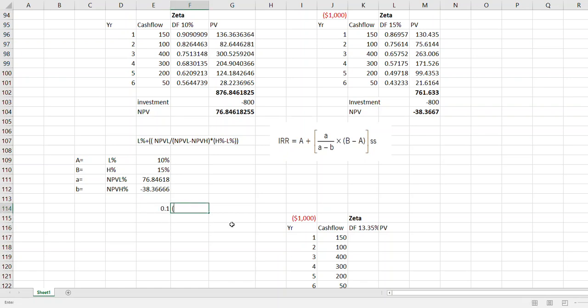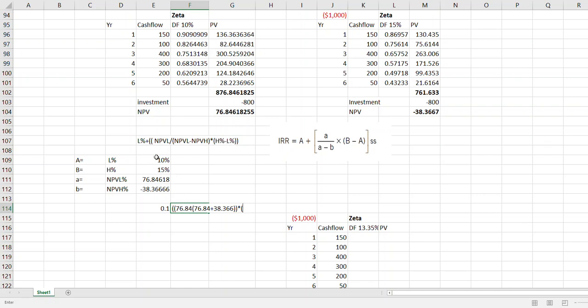And I will do separate calculation here where we have NPV of lower percentage divided by NPV of lower percentage minus, see this is already minus, so minus into minus equals plus, 0.36, and then multiply this by higher percentage minus lower percentage.